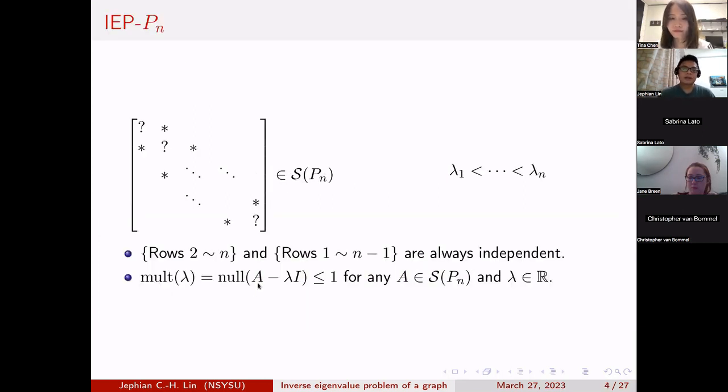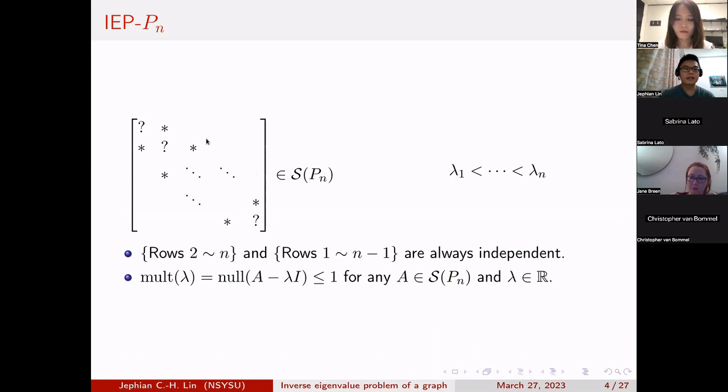So I will start with some basic examples and then run through some examples to see how historically mathematicians have been working on this problem and how it evolved. If I just think of a path on n vertices, then its corresponding matrix looks like this tridiagonal matrix, and it is irreducible.